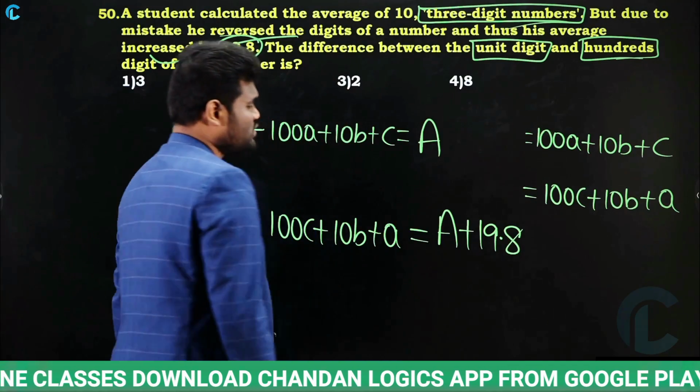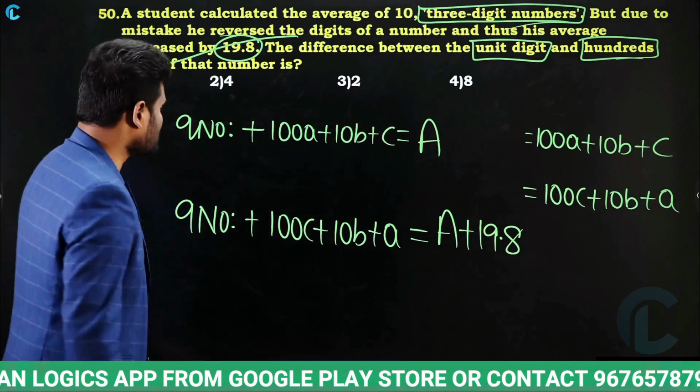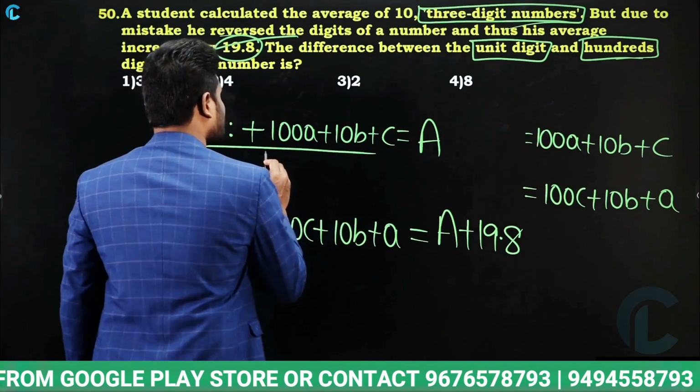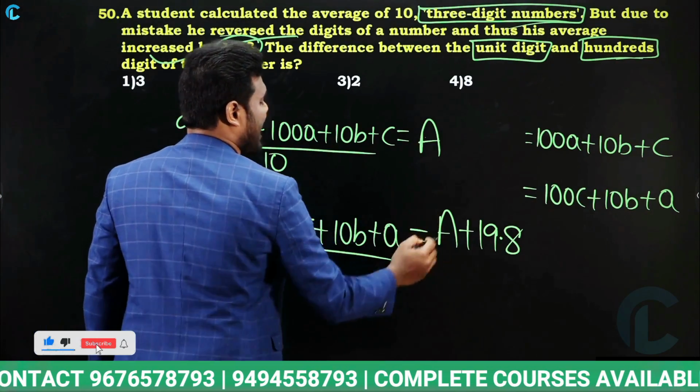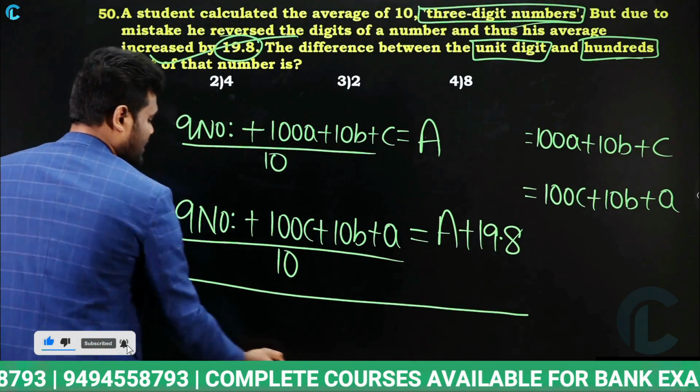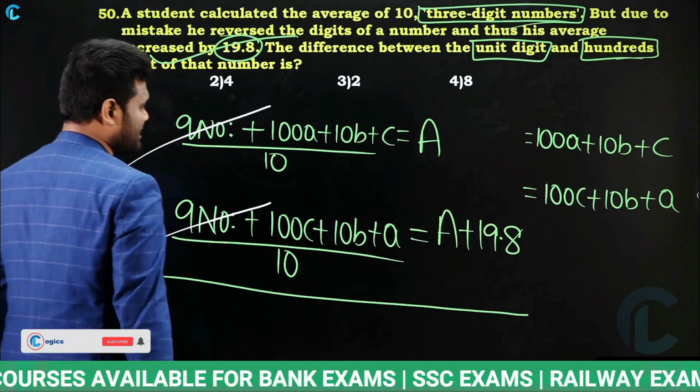Now they are asking us to find the difference between the unit digit and the 100 digit. Same procedure. As it is 10 numbers, divide by 10, because we are calculating the average here. If you take the difference, 9 numbers get cancelled.